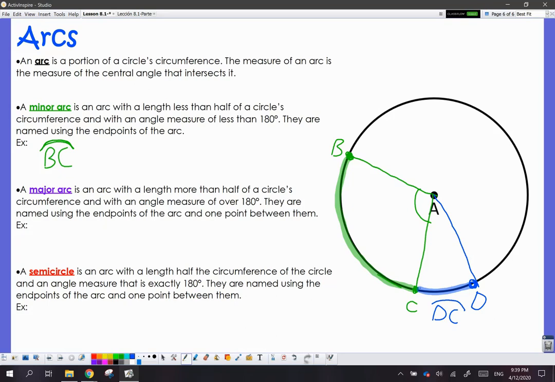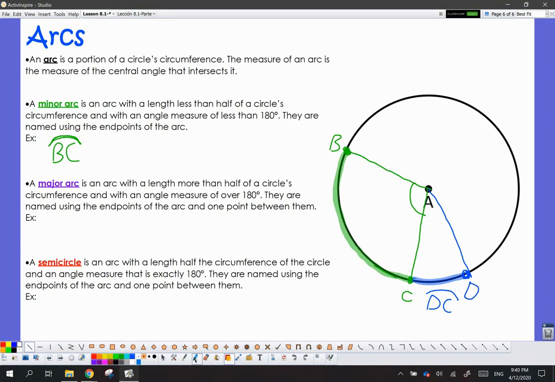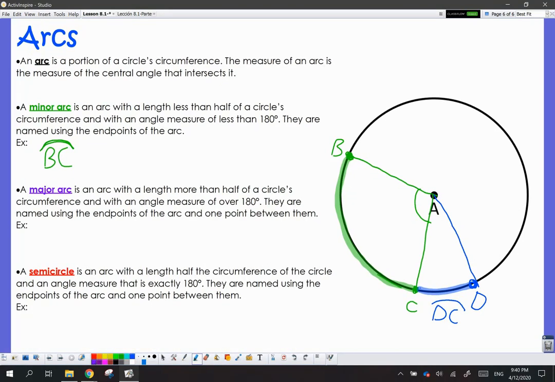But now let's talk about the major arc. So a major arc is an arc with a length of more than half the circle circumference and with an angle measure of over 180 degrees. So that means if it's over 180 degrees, I'm going to mark all of this, and that will be my major arc.